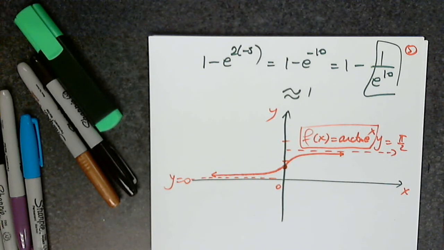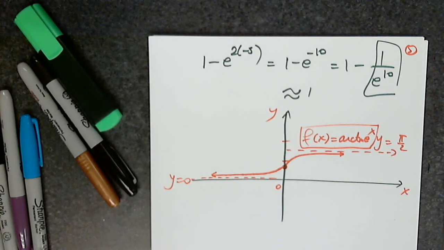Now the viewing window, I'm going to say between negative 6 and positive 6, scale of 1. Y minimum, negative 2 is good enough. And Y maximum, I know it doesn't go beyond 1.6, so I'm going to say 4 with a scale of 1. And now I want the graph.